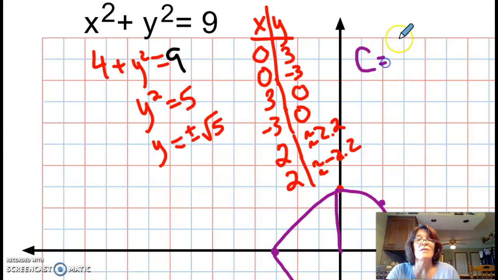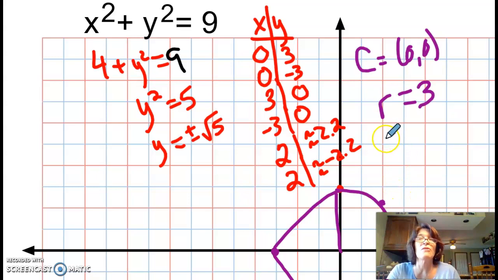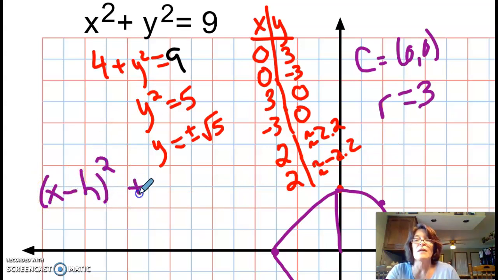There's a formula for a circle, just like we have a general formula for a line. For any circle, we take x minus the x coordinate of the center, squared, plus y minus the y coordinate of the center, which we usually call k, squared, equals the radius squared.